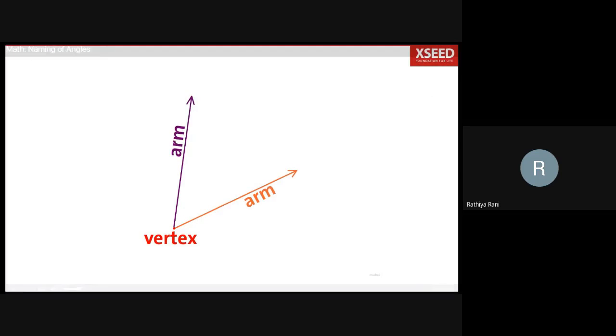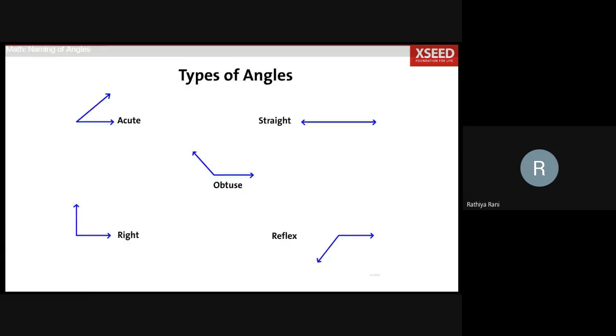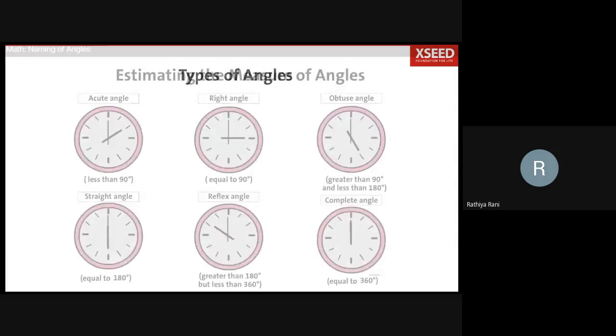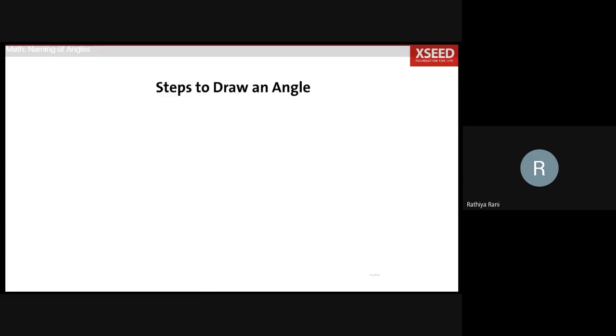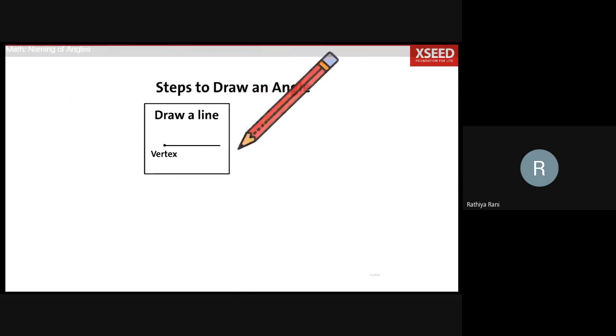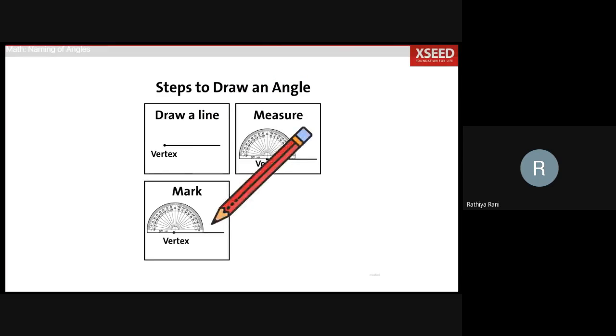You may already know what an angle is and what its different types are. An angle can be acute, right, obtuse, straight, or reflex. We have learned how to estimate the measure of angles using the hands of a clock. Finally, do you remember the steps to draw an angle using a protractor?